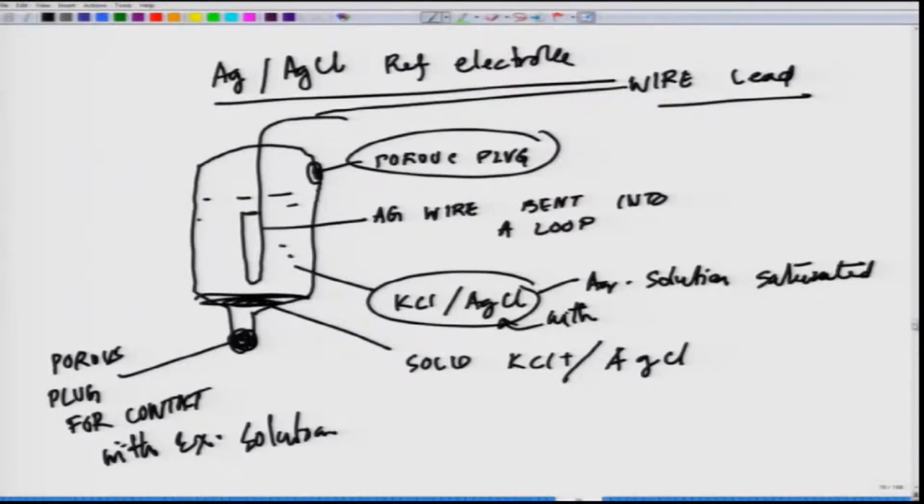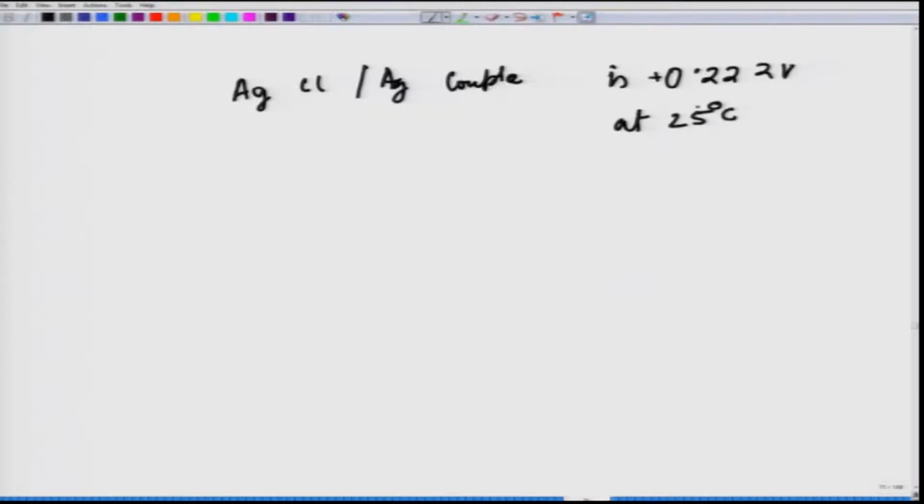So, now after showing you this picture, I wanted to go to the standard reduction potential of AgCl/Ag couple. If you look at it, it is around plus 0.222 volt at 25 degree centigrade. Okay. This would be the potential of silver chloride electrode provided activity of chloride is unity.